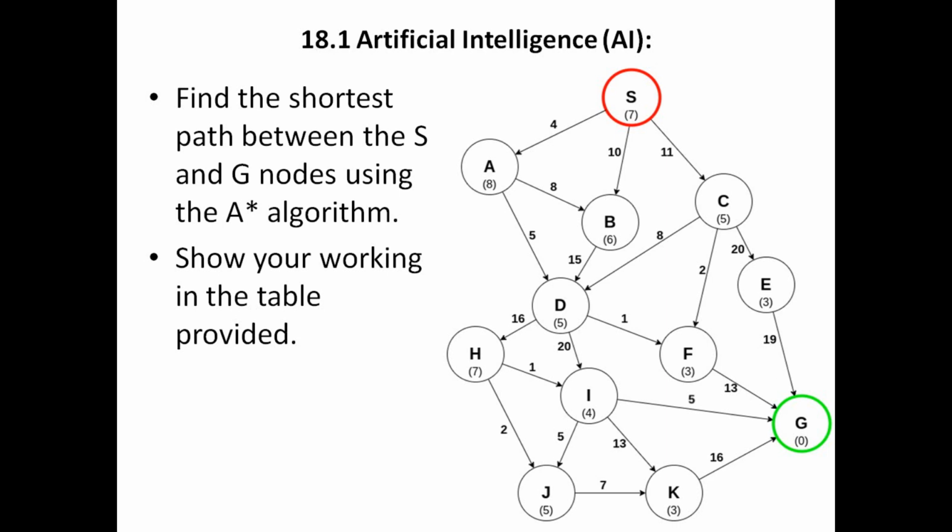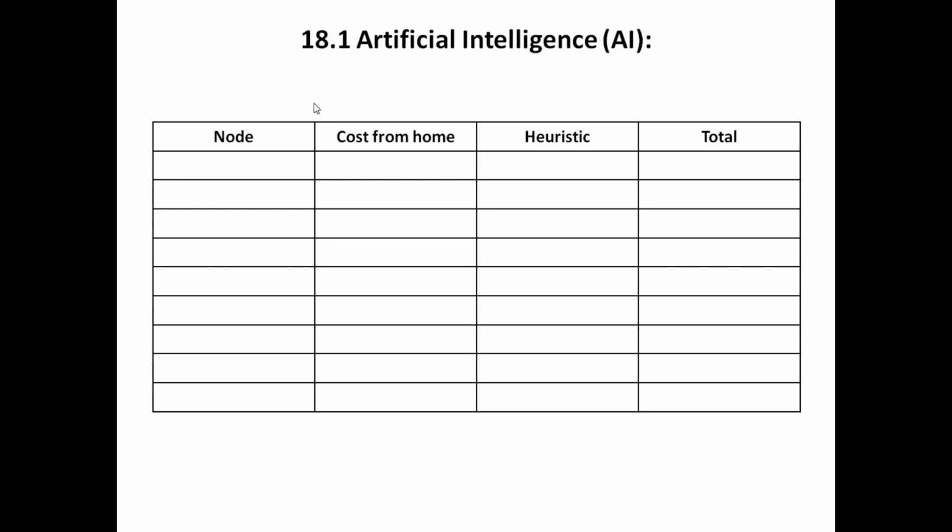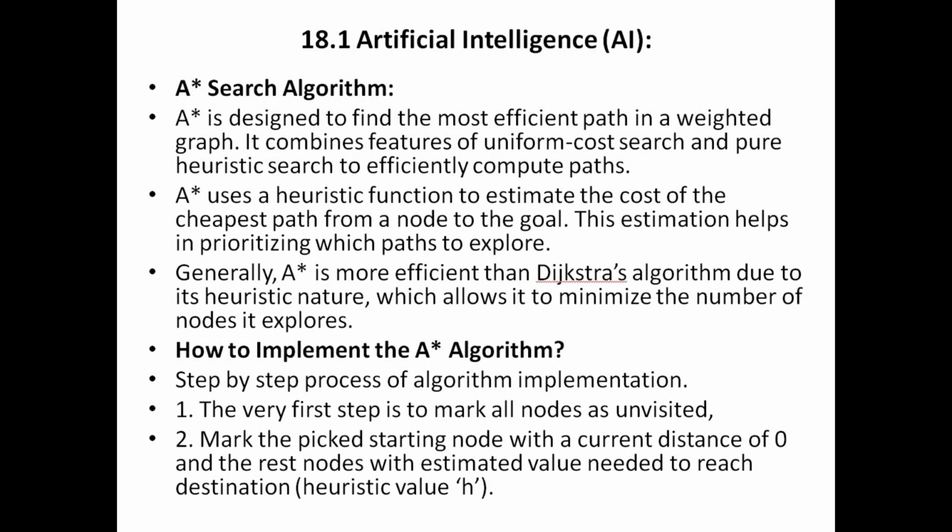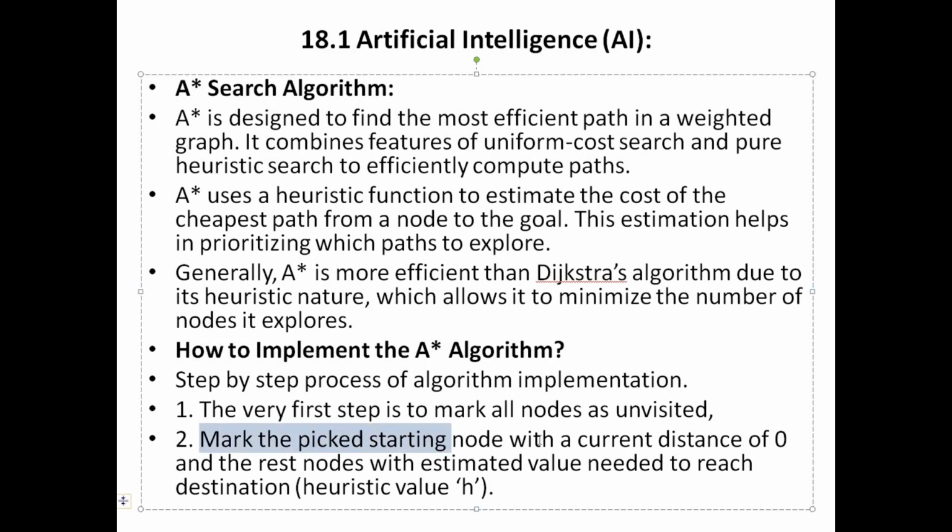You'll be told what is the starting node and what is your destination node, and you'll also be given a table like this, and you'll need to calculate what is the best path from the starting node to the ending node. Secondly, mark the picked starting node with a current distance of 0 and the rest of the nodes with the estimated value needed to reach the destination.